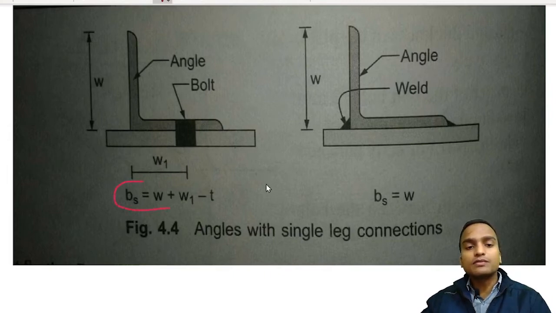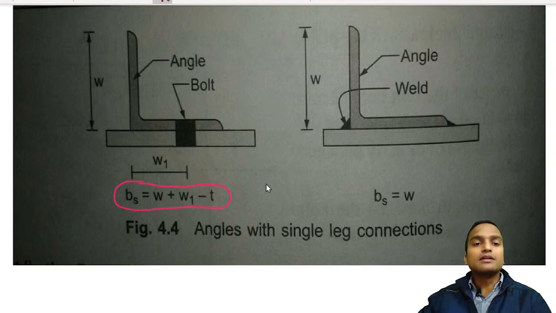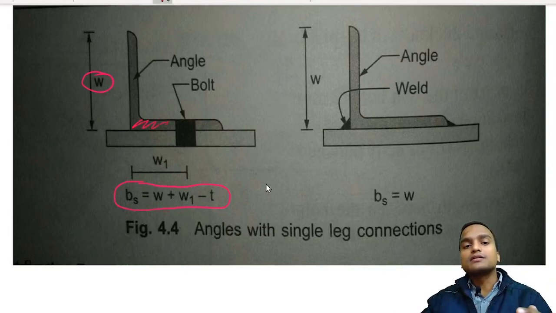This is the formula for shear lag width, and here W is the leg length of the outstanding leg, and this one is the connected leg. In case of a bolted connection on single angle sections, the shear lag width Bs is equal to W plus W1 minus T, where T is the thickness of this angle section.